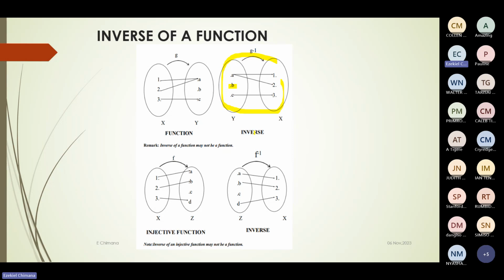So the inverse of a function doesn't mean that the inverse is also a function, unless we restrict some of the values in the domain. So the inverse of a function may not be a function. Just like this one, it's not a function because this element is not mapping to any of the values. Whenever you have a value in the domain which is not going to give you a value in the range, it means it's not a function because it's not producing the correct values.